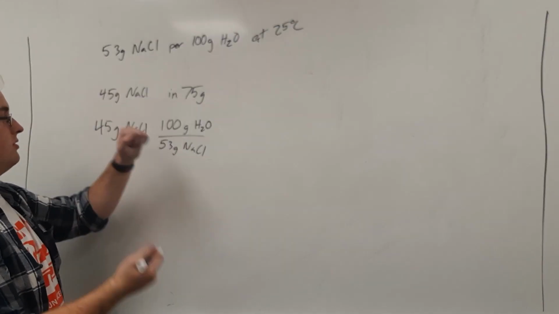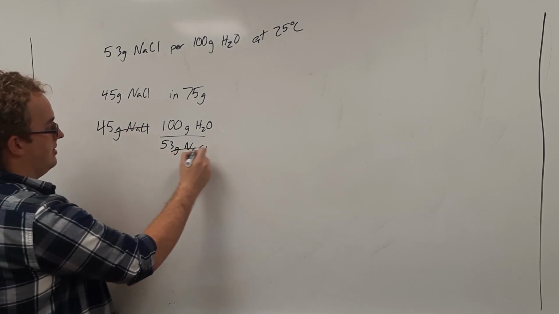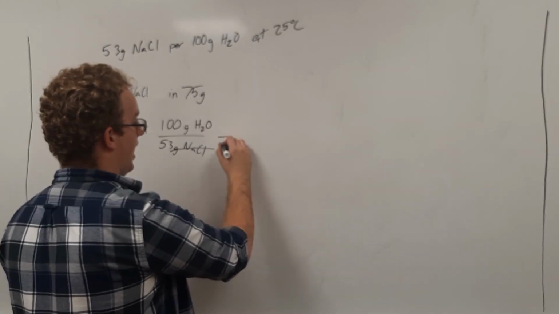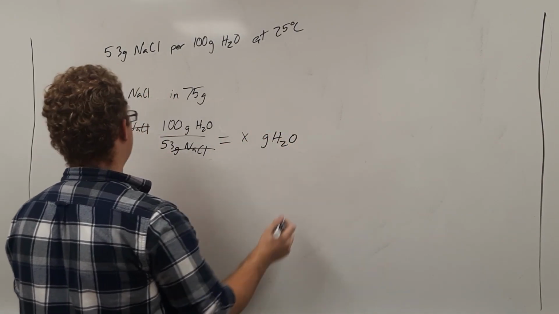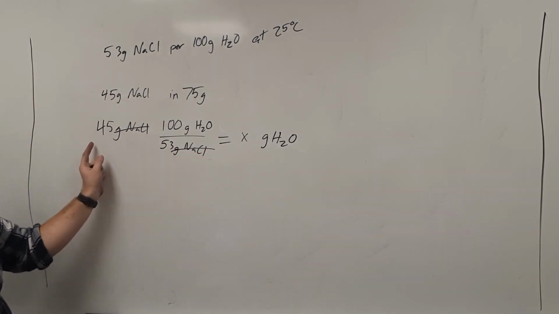I just swapped the top and the bottom so that we could cancel out grams of NaCl. And if I do this math, I'll get some number x, in units of grams of H2O. In theory, that's the maximum amount of water that I would need to dissolve that much.